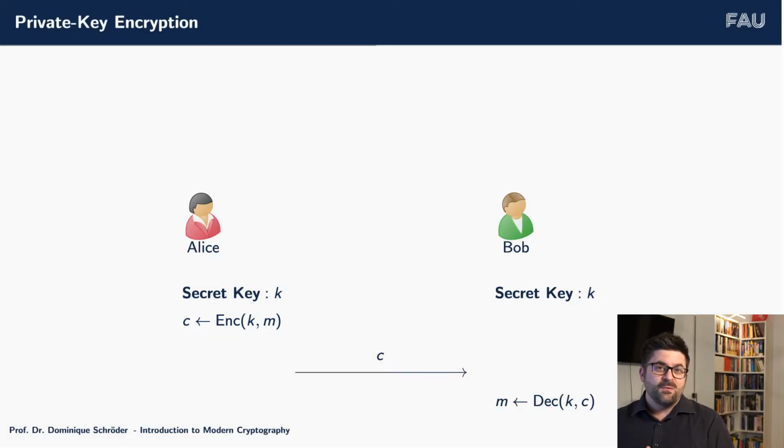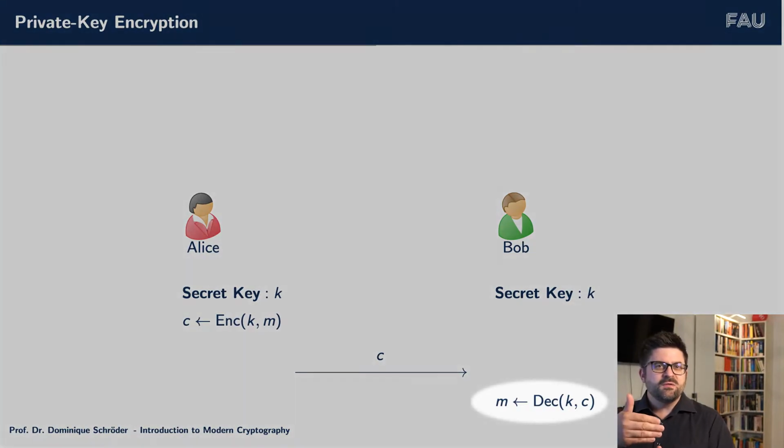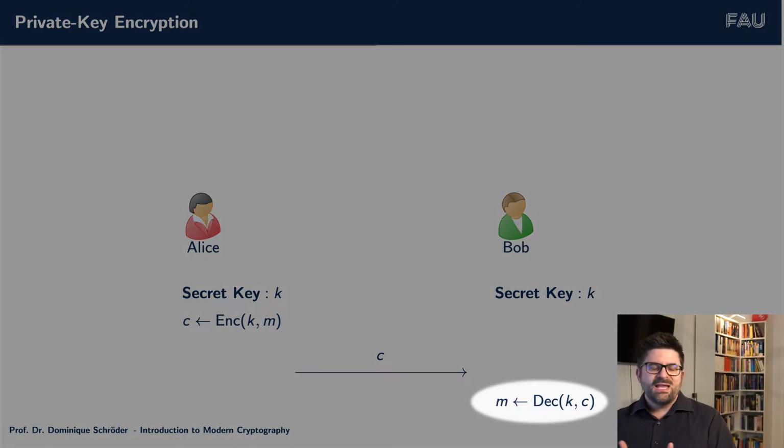On the other side, of course, Bob needs to be able to do the reverse operation. It looks very similar, which means Bob takes as input the shared key K and the ciphertext C, and when he performs the decryption operation, he gets back the plaintext M. So these are the two main algorithms that we have in a private key encryption scheme.